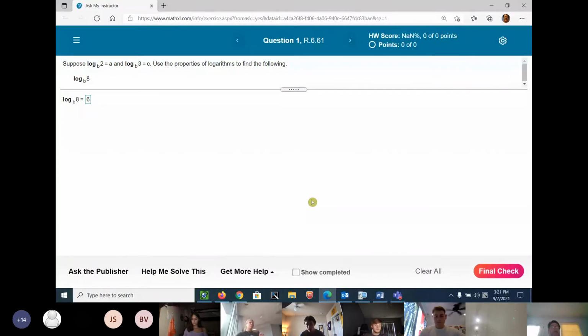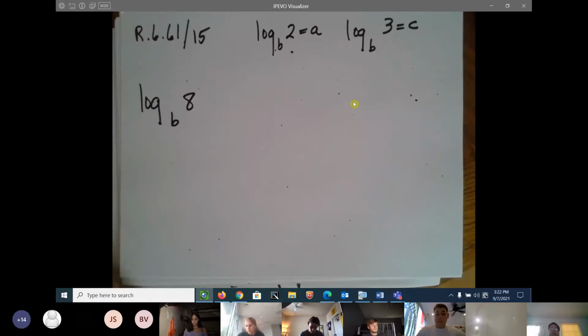It says log base B of 2 is equal to A, and log base B of 3 is equal to C. And you've got log base B of 8, and they want you to write it in the form of A and C. This is kind of a rewrite drill.